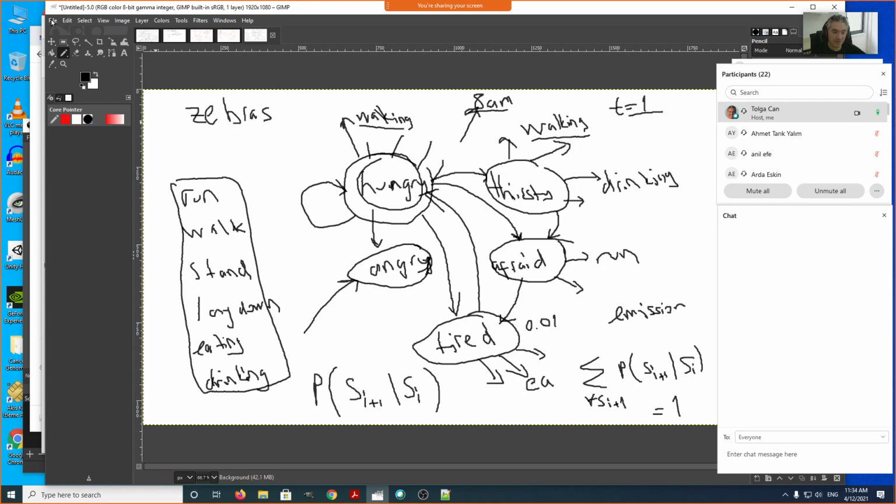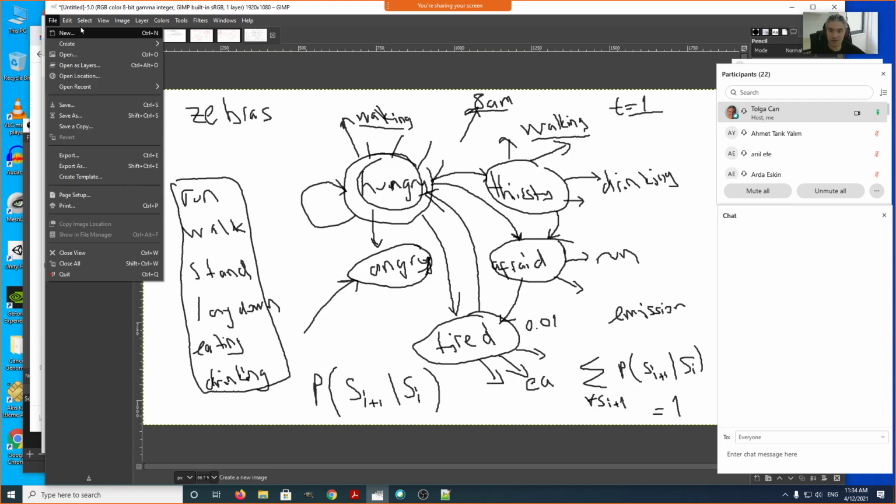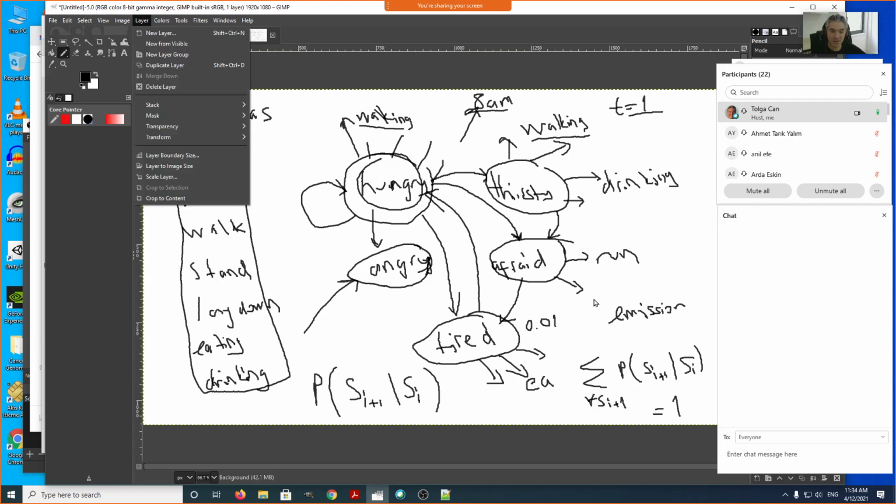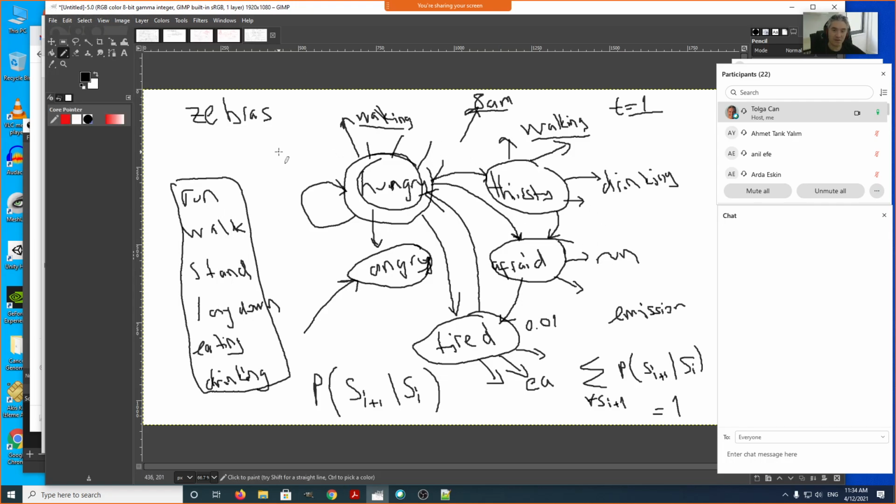Now, given this model, I'm going to quit shortly. Given such a hidden Markov model, we may ask questions like this. If I observe a zebra for 1 day and I observe these actions, imagine at the beginning of every hour I observe what the zebra mostly did in the previous hour, and I write that here.